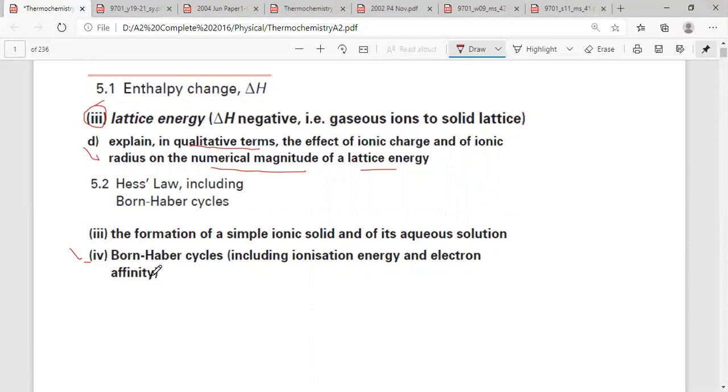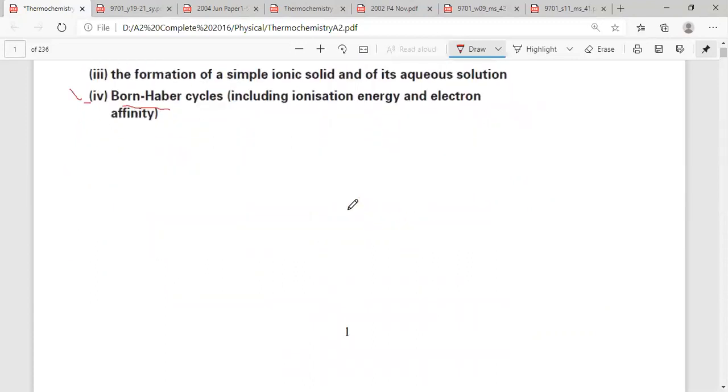So the first thing we need to do is define what is lattice energy, and also then use the Born-Haber cycle to calculate the lattice energy of ionic compounds. Right, now let's go to this thing here. Remember, define. But you must remember, lattice energy is to do with ionic compounds.